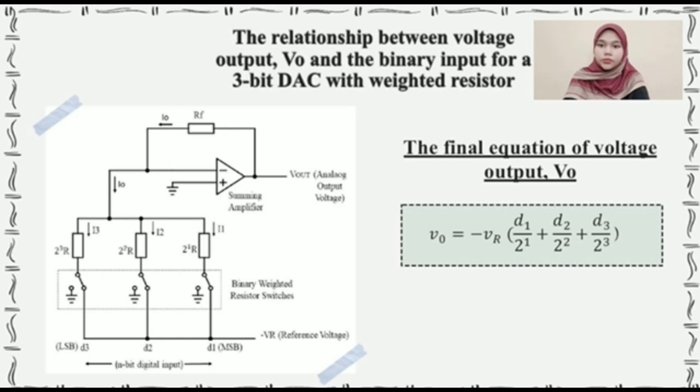And when the switch is on, we substitute 1 into the equation. Secondly, for a 3-bit DAC, 3 switches will produce 8 different combinations of output, hence produce 8 different output voltages. So it depends on how many bits we use in the circuit. So that's all from me.